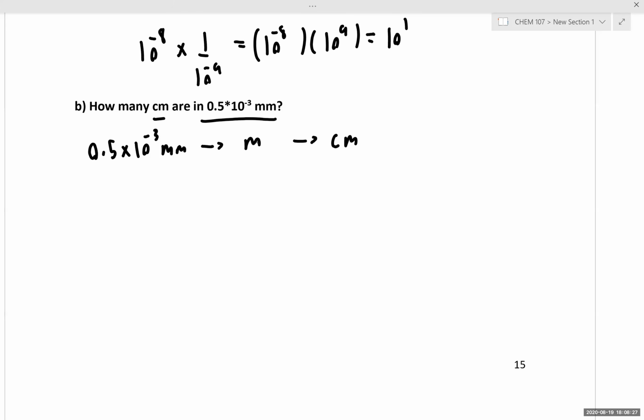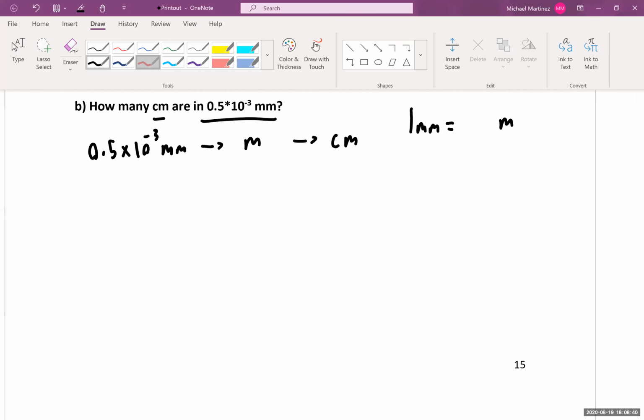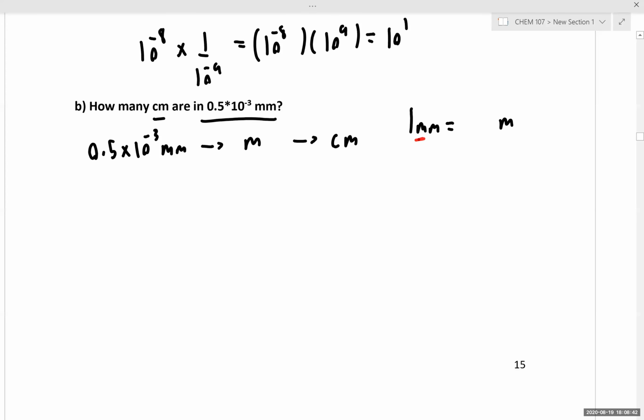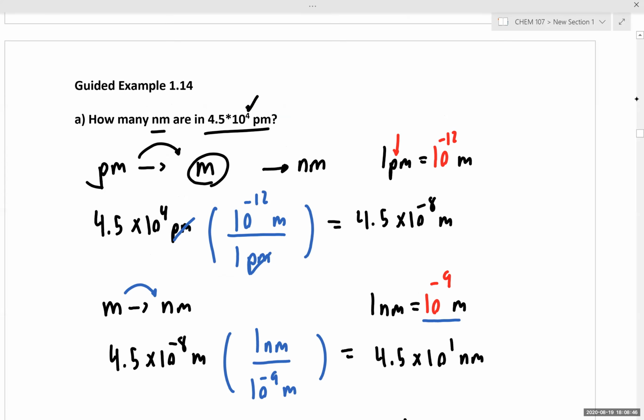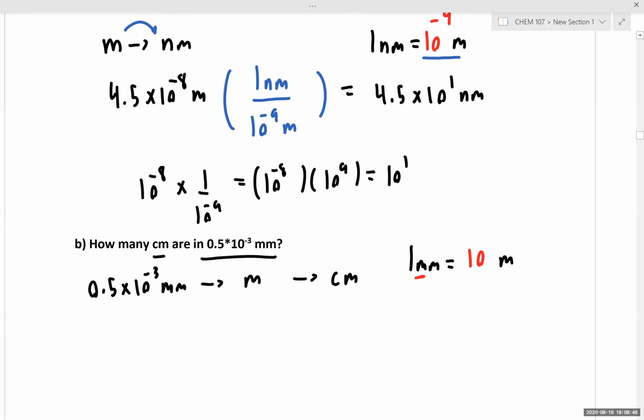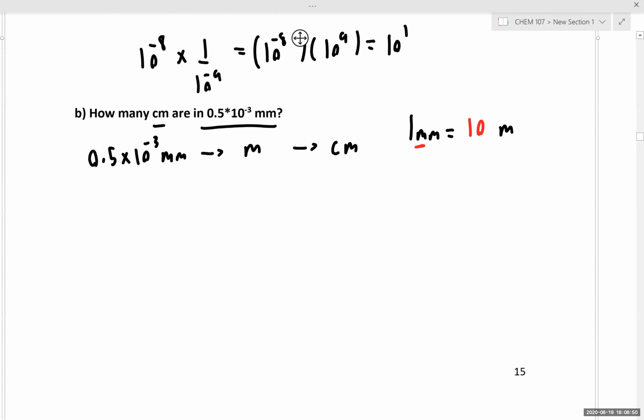Okay, so now that we have this set up, I'm going to write some equalities. So 1 millimeter corresponds to how many meters? What does the milli prefix correspond to? 10 to the negative third. Yep, exactly right. The milli prefix corresponds to 10 to the negative third.